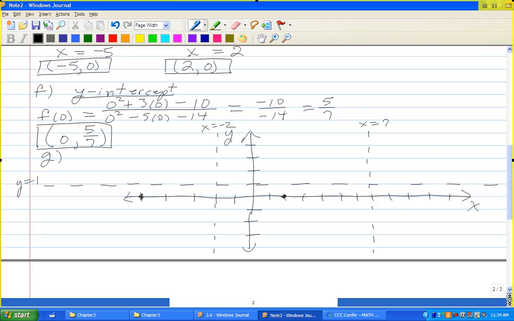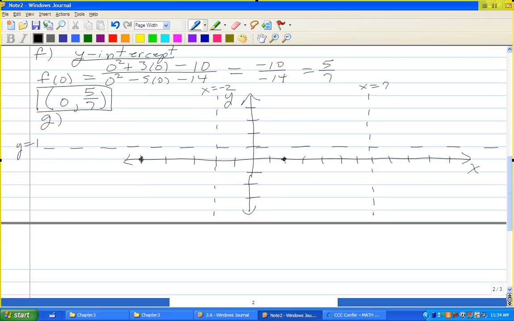And so, since it passes through here, I see that my graph should look something like this: let's approach this, go through here, and approach that asymptote. Okay. It can't cross here, since there's no 0, and it has to approach these asymptotes.